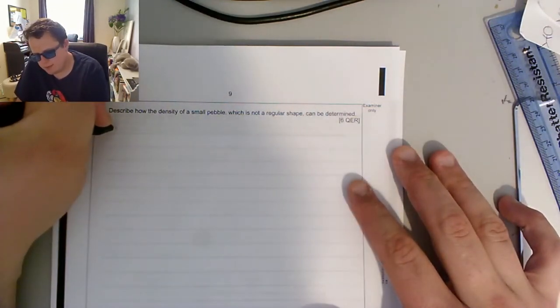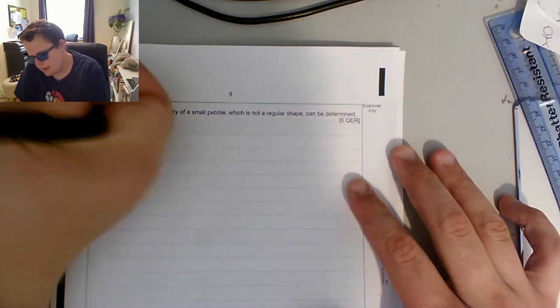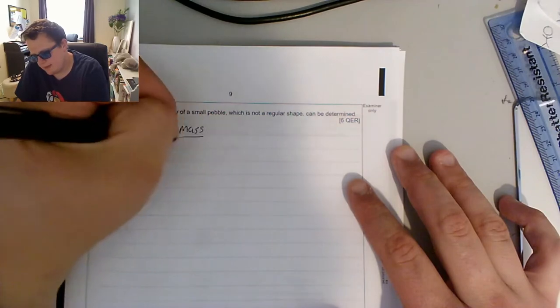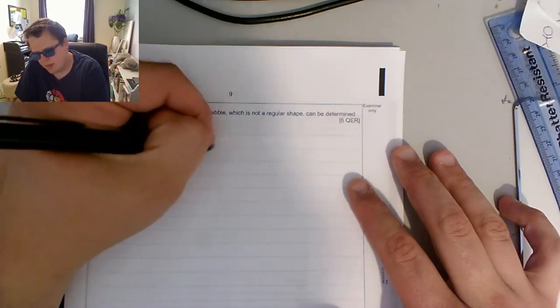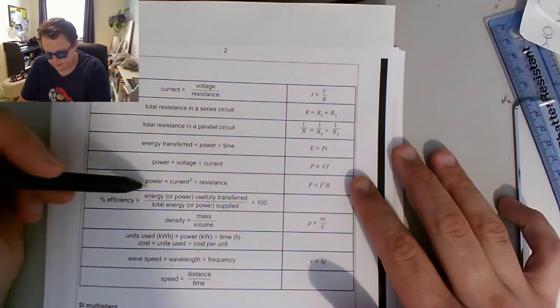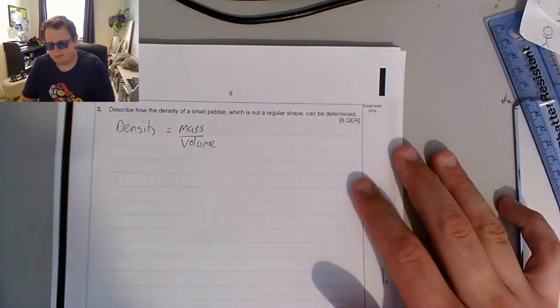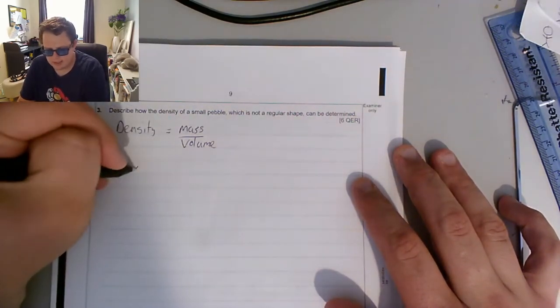Right, well, to measure density, that's going to be mass over volume. That equation is on page 2. So we need to think of a way of measuring the mass and a way of measuring the volume. Well, the mass is dead easy.